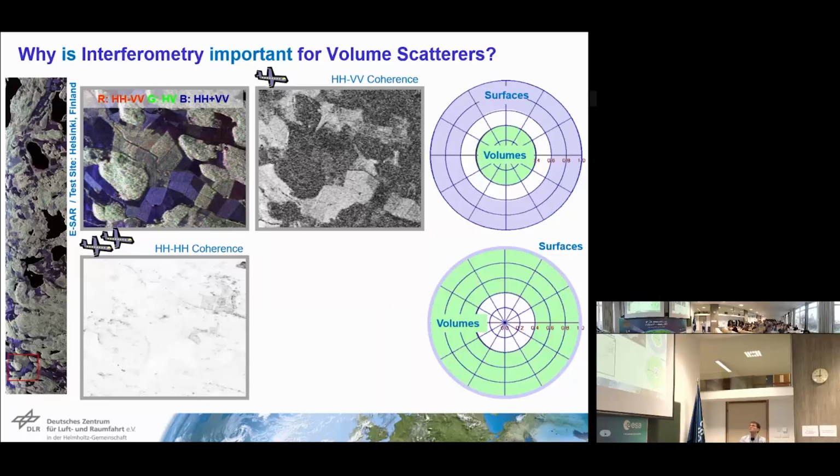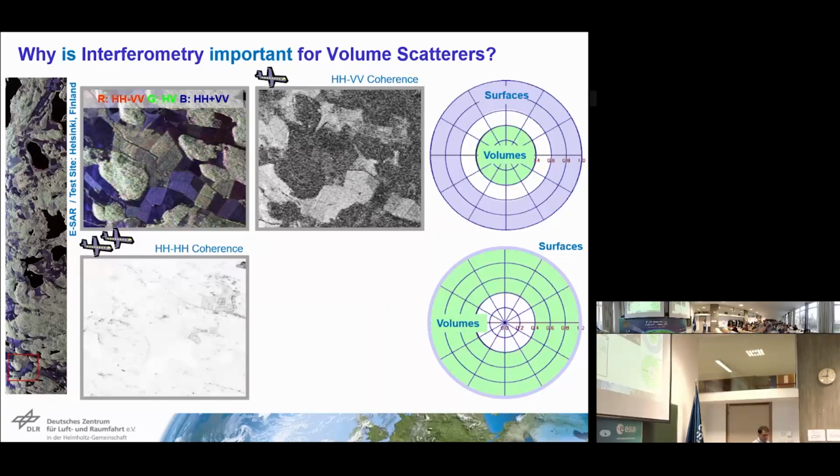If before you were confined around the center of the complex plane, now you start to explore larger coherences. And if you have larger coherences, you have better phase measurements, and therefore now you have an observation space which gives you some relevant and significant information for volumes.